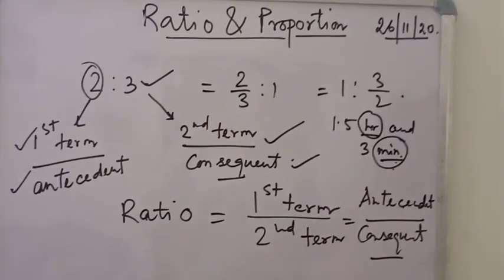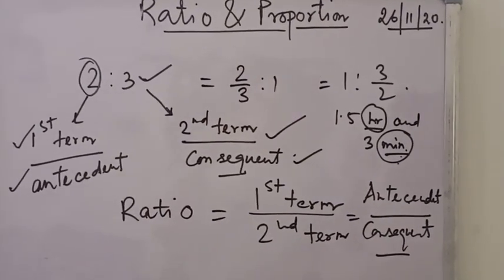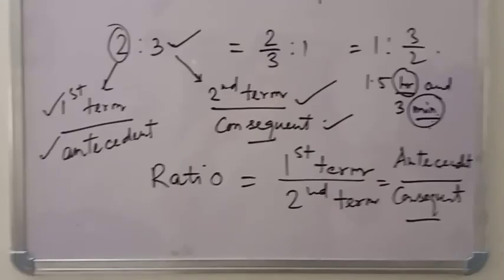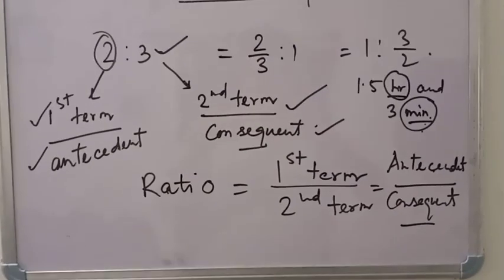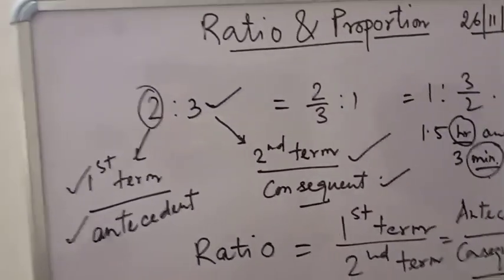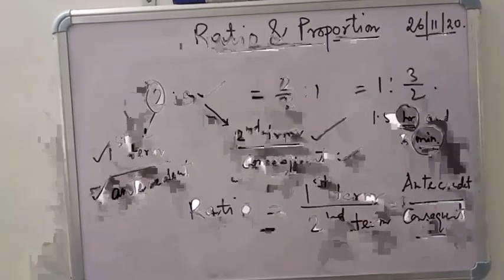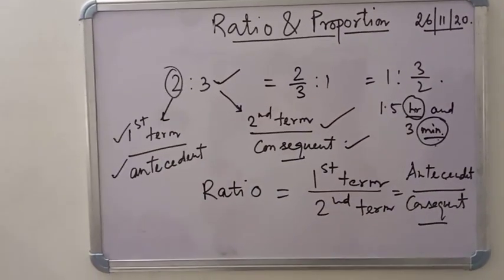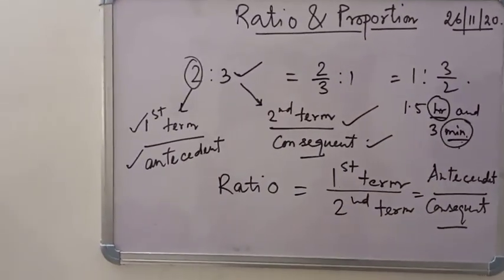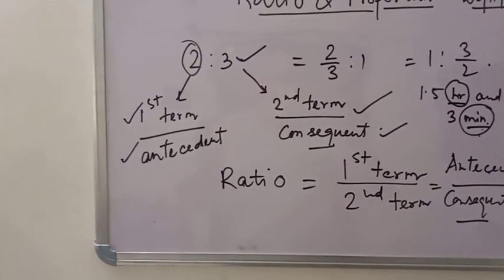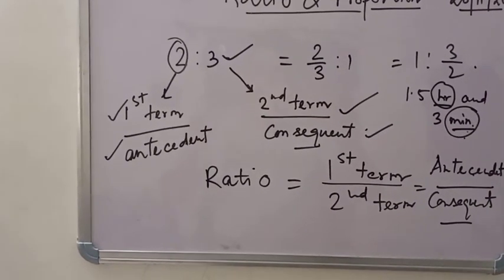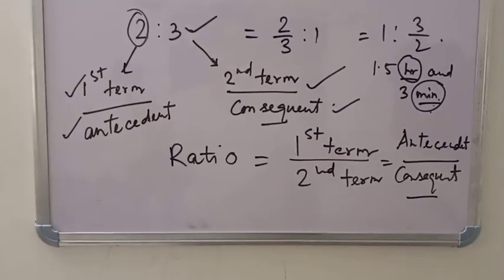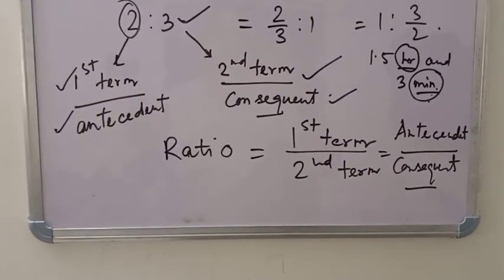Not meter and kilometer. We have to find kilometer and kilometer. Same unit you have to use, then you find the ratio. This is the main thing of the ratio and proportion chapter. Before you find the ratio, you have to convert it into the same unit. Then you have to find the ratio.